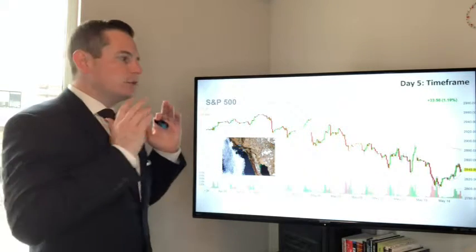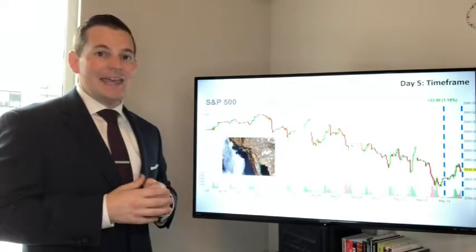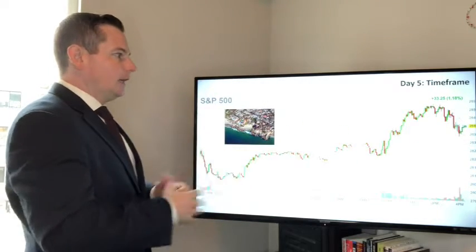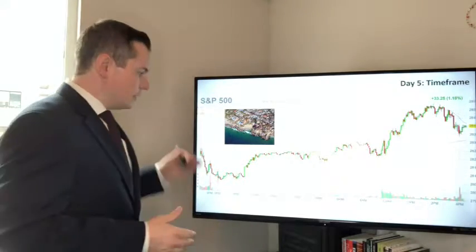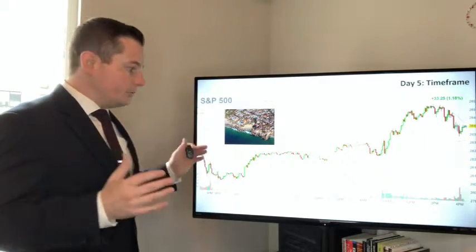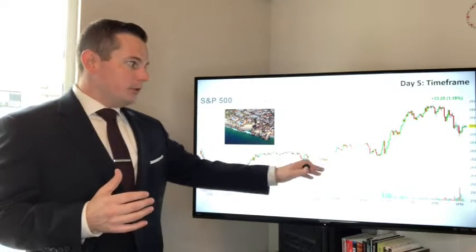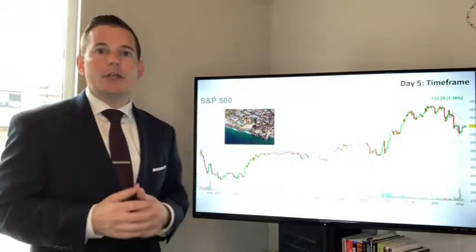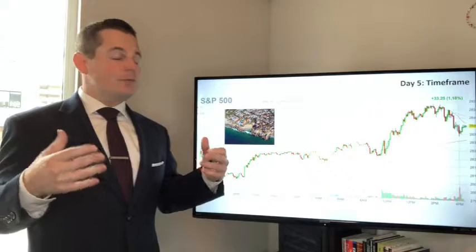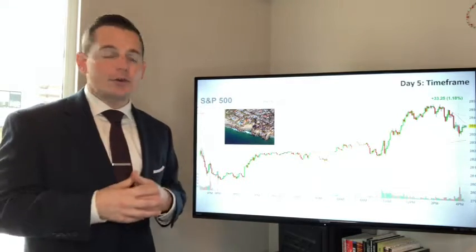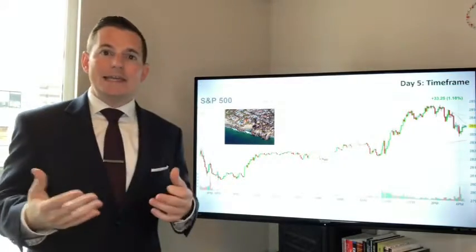Then if you were to zoom in even more to the 1 day, you can see that there's a lot of movement going on day to day. There appear to be reversals: it dropped down and then it went up, and it dropped down and then went up and dropped down. If we were zoomed all the way out looking at the Earth, we wouldn't be able to tell what was going on day to day.